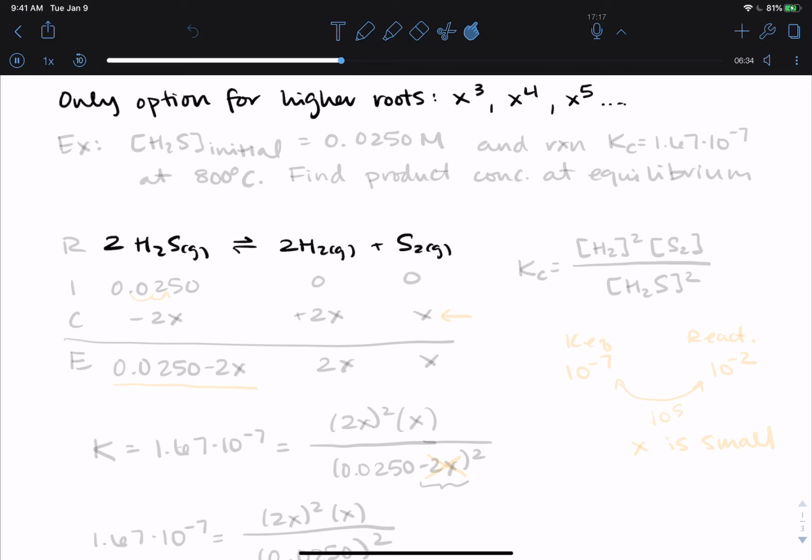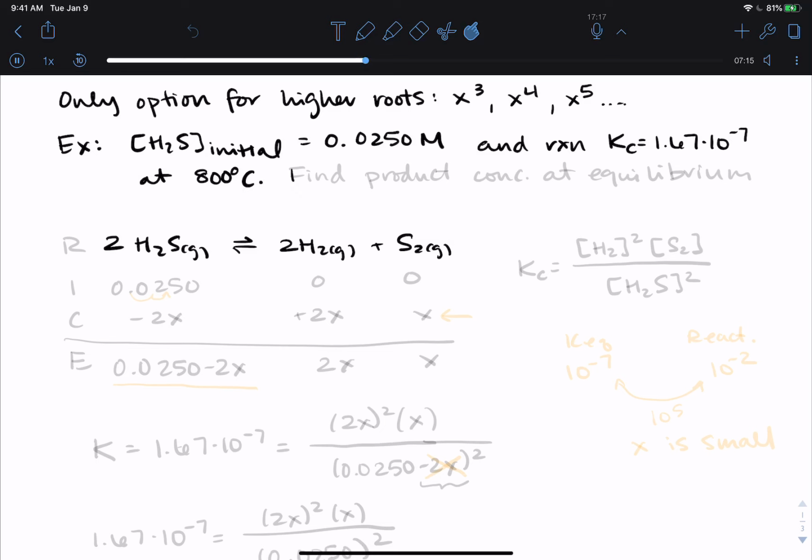We have an initial concentration of H2S of 0.0250 molar, and the reaction has an equilibrium constant Kc of 1.67 times 10 to the minus 7th at 800 degrees.